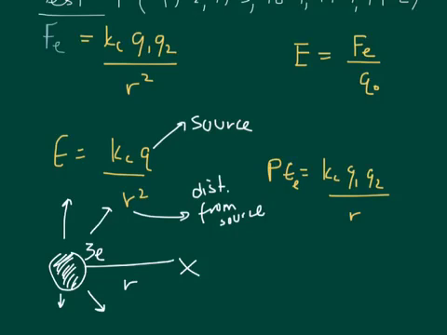And if you wanted to find out how strong that field was at a distance of, say, 5 centimeters, you start by labeling it that way. You know R, you know Q, which is triple the fundamental charge. You know Kc, that's a constant, always, 9 times 10 to the 9, the same thing every time. So you are trying to determine E. Or maybe you have E and you're determining R. Or you have E and R and you're determining the source. But any of those are possible.